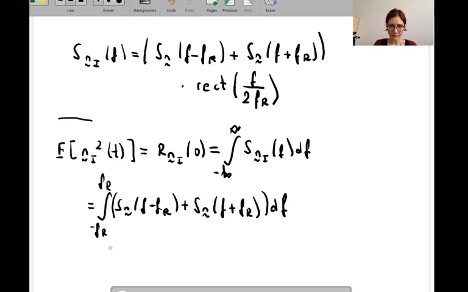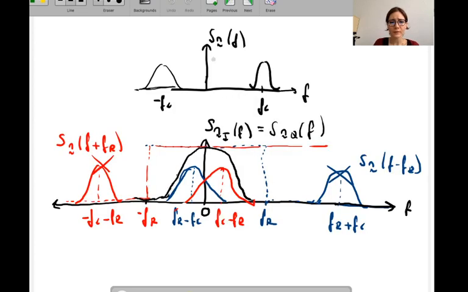Okay, but then let's now stare at this expression and comment on what it should be equal to. It's maybe easier to discuss on the figure. What this expression corresponds to is the following. I take the blue curve plus the red curve and I integrate it. But the integral is linear, so if I took the blue curve and integrated it, plus I took the red curve and integrated it, it will be the same thing.